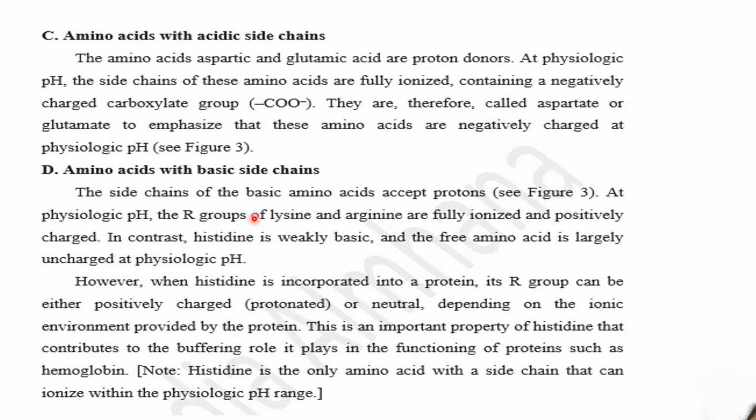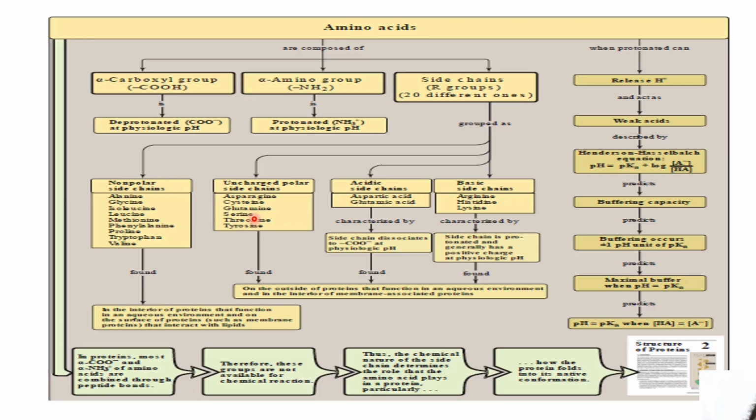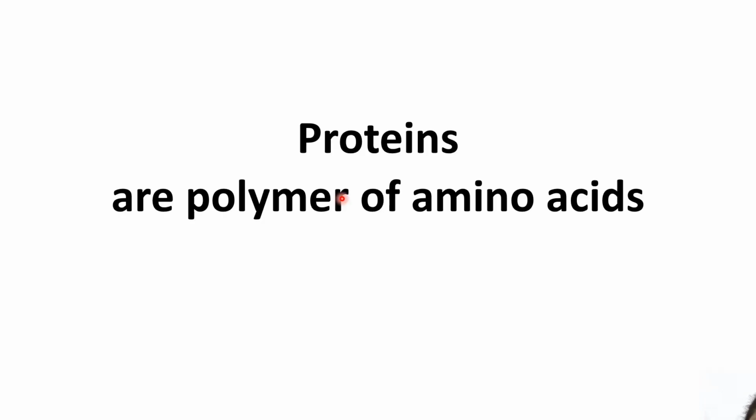Proline and valine are both again neutral, non-polar amino acids at physiological pH. Okay, so that's why the correct answer will be aspartic acid and glutamic acid for this question, because they are acidic side chain containing amino acids.